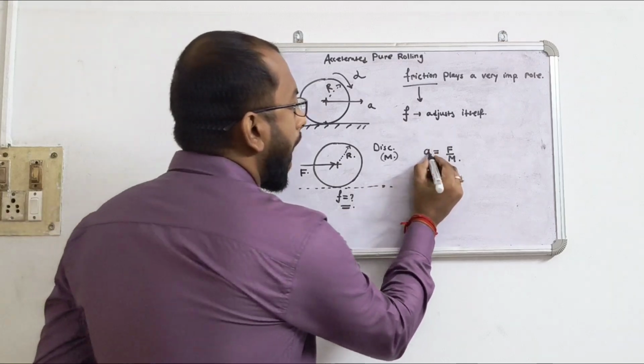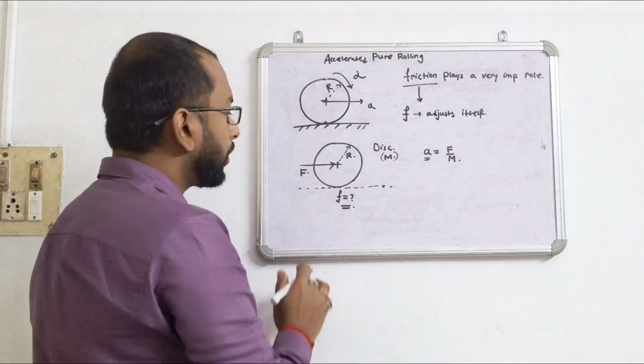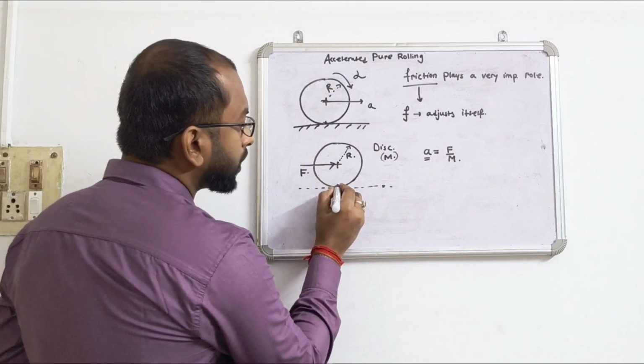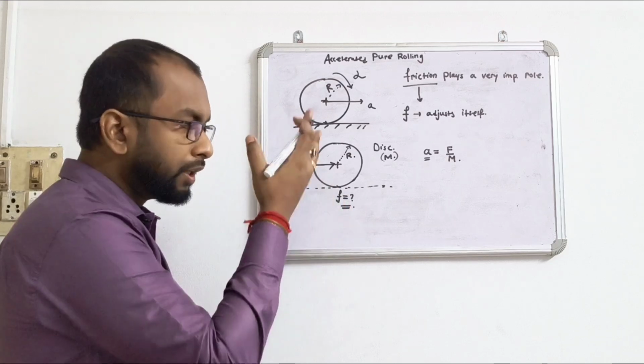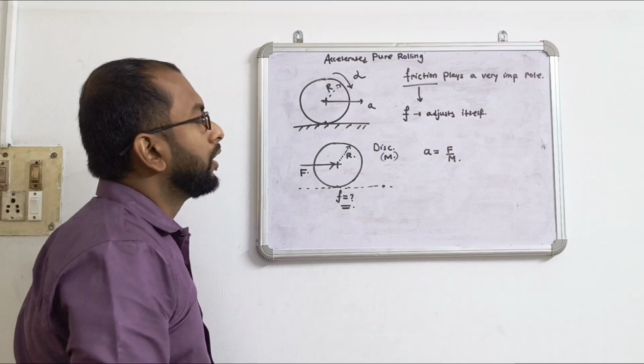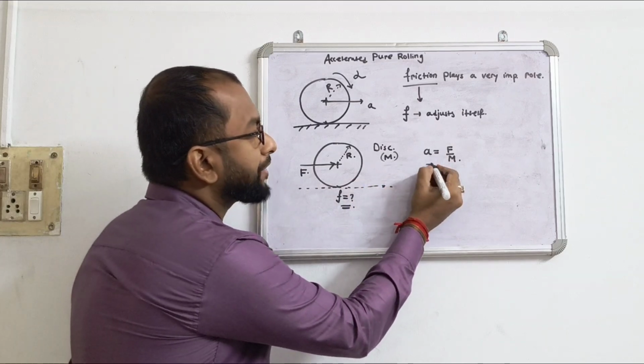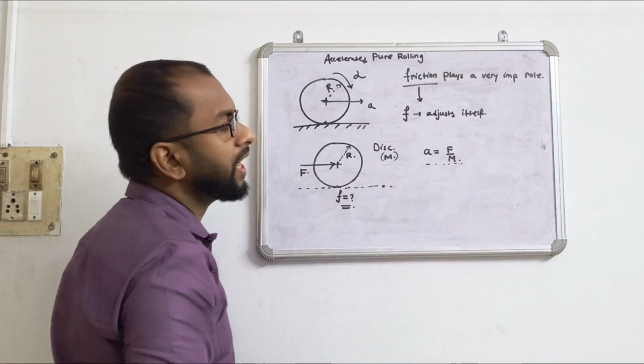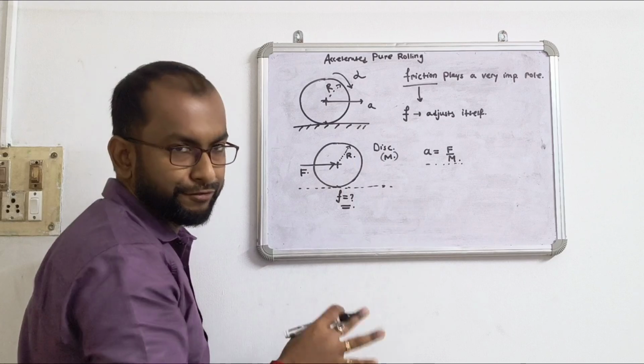So as acceleration is there, what will happen? This will try to slide. The point of contact in the body will try to slide with respect to the ground. Now we got that linear acceleration in the forward direction, F by m.